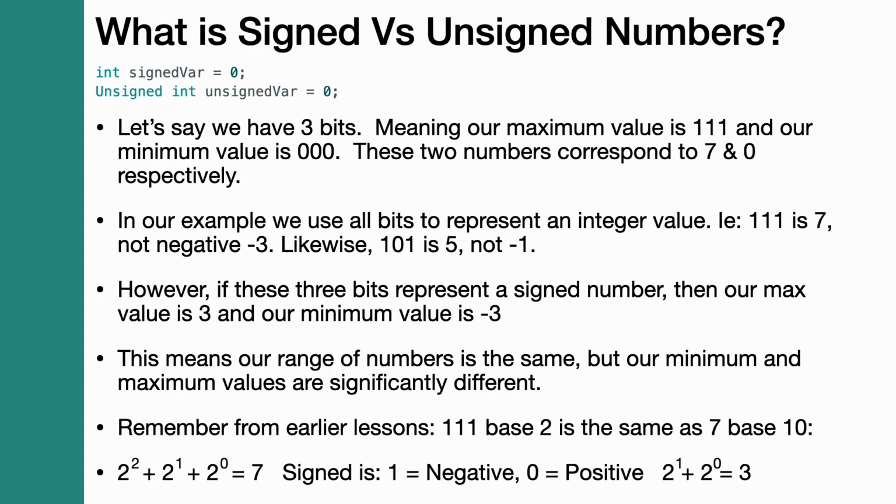But when we talk about signed, then we have 11, which is binary 3, and we have 01, which is binary 1. And we look at that leading bit as a sign. If it's a 1, it means negative, right? So that'd be -3 or -1. So that's what we're looking at.